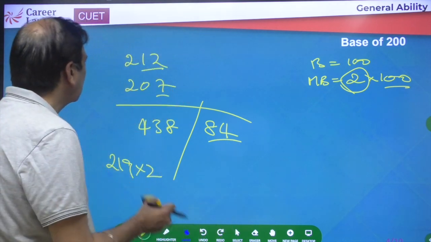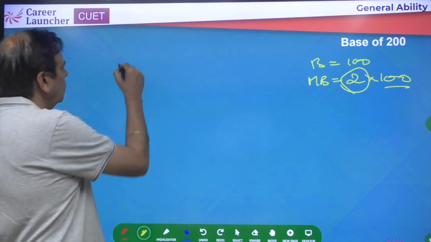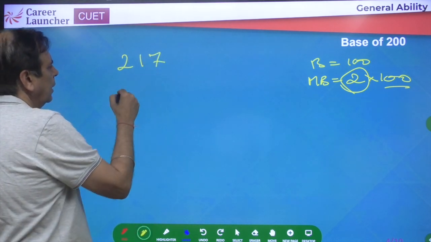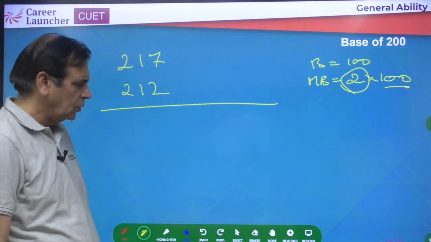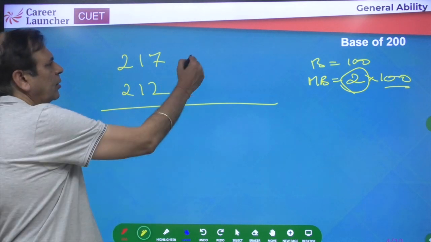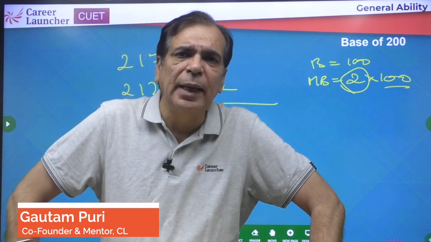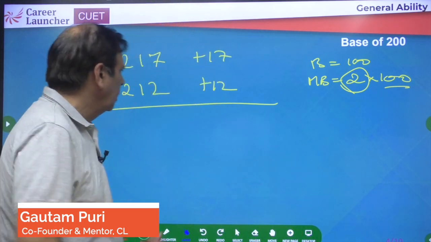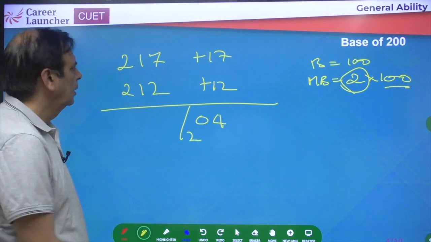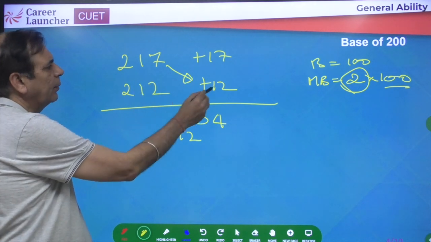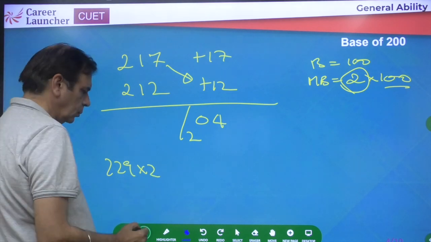One more example. 217 into 212. Same base, 2 into 100, plus 17 plus 12. What is 17 into 12? 170 plus 34, 204. So 04, 2 to be carried over. Left hand side, 217 plus 12, 229, into 2.